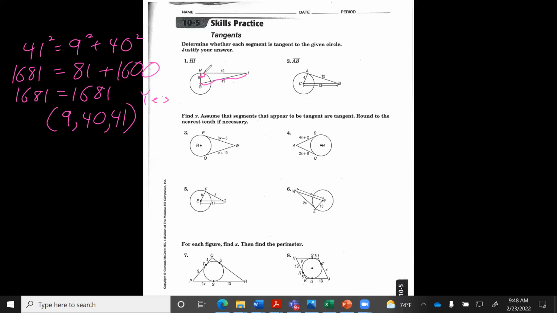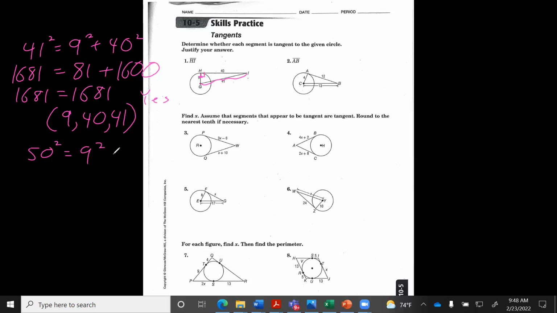Now, if you didn't read it that way, and this is the issue I had with it, because notice every other time they label it showing that it's representing an entire piece. So if you look at it like, oh, that 41 is only for this outside piece, which is what I would have done, then that was 9, this would also be 9, so the whole thing would have been 50. Would it be a right triangle then?